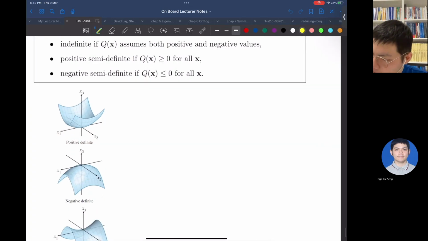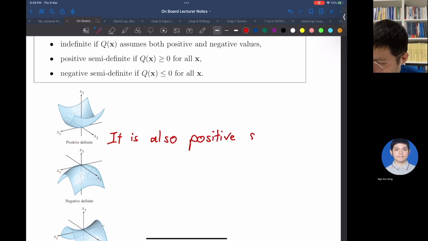For the first example, it is also positive semi-definite, since it is greater than or equal to 0 for all x.